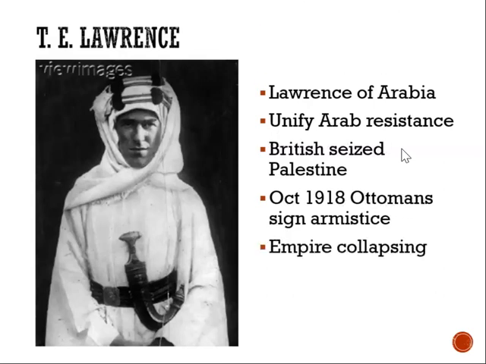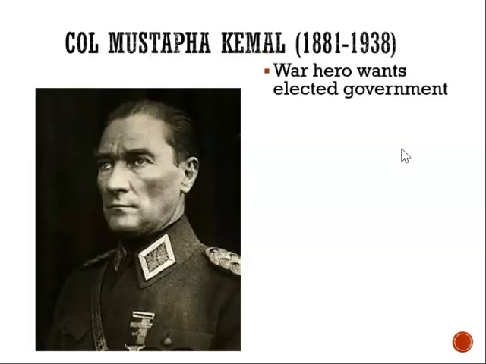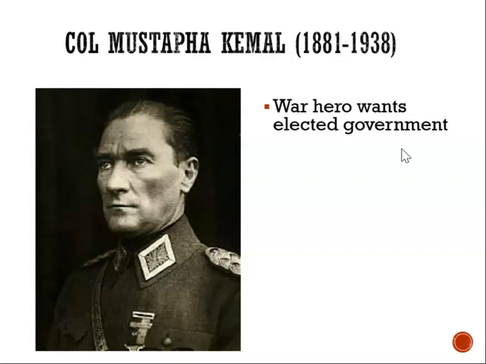So in October of 1918, when the Ottomans signed this armistice, the empire is collapsing, the Arabs feel betrayed, and the Europeans take over. Now, meanwhile, in Turkey itself, you can see we have this man who will emerge as the leader of a new state, a new republic. The Turkish people didn't have too many heroes coming out of World War I, because they lost the war. But one hero they did have was this man, Mustafa Kemal.